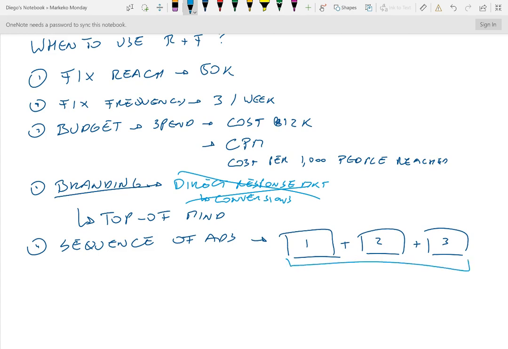And what's cool about this is that I also have a time frame here. And so again, I'm fixing reach, I'm fixing frequency. I know how much I'm going to be spending, or your client is spending, within your campaigns. But I can also set up a sequence of ads with my marketing campaigns.